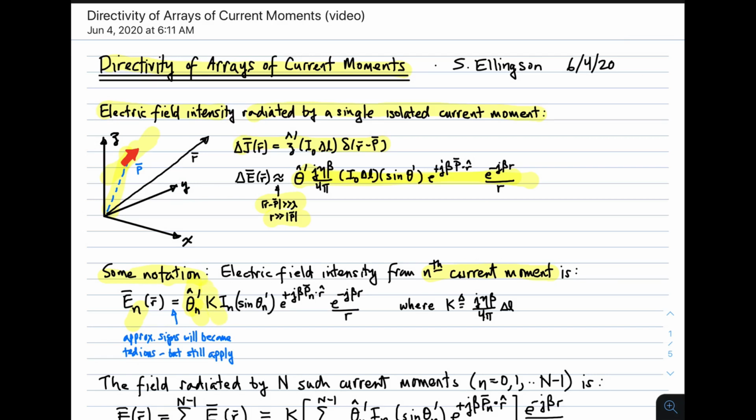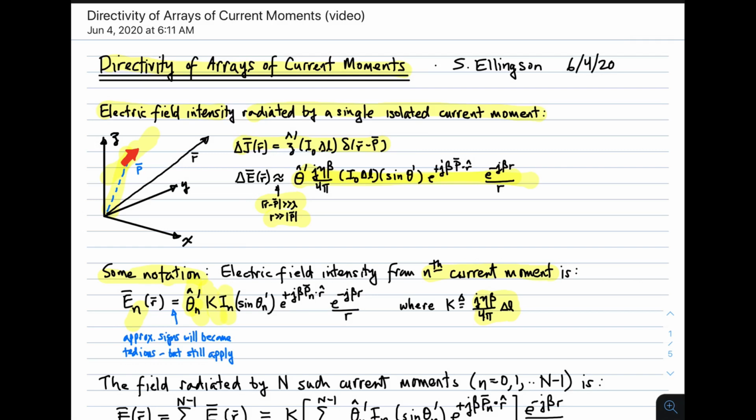A factor k, which absorbs a whole bunch of constants that, while important, we don't necessarily want to keep writing over and over again. So the factor k is defined as j times eta, the free space impedance, times beta, which is the phase propagation constant, times delta L divided by 4 pi. Just consolidating constants.